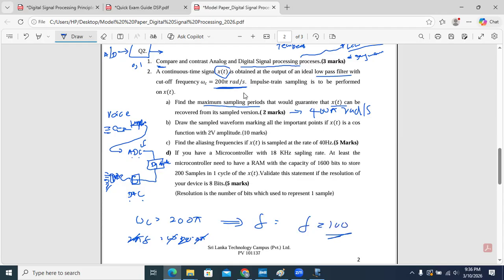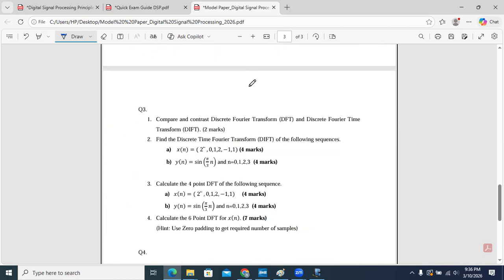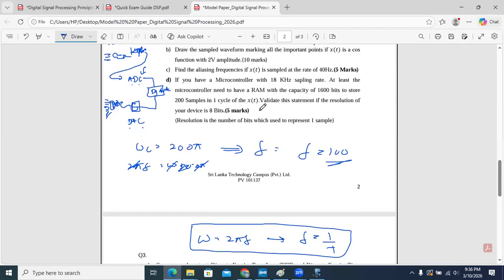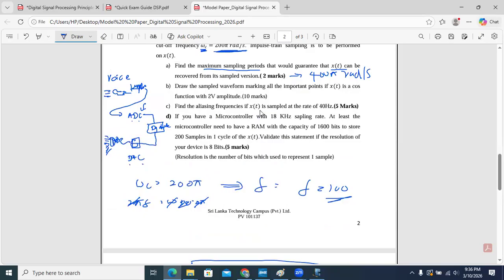So maybe you will be given fc here. What you need to understand is that omega is equal to 2πf and f is equal to 1 over T. If you know these two equations, this question can be done.